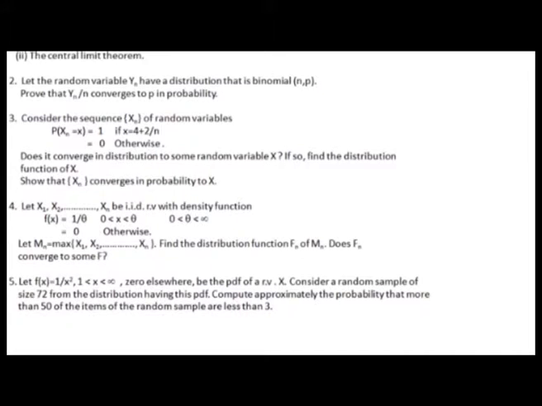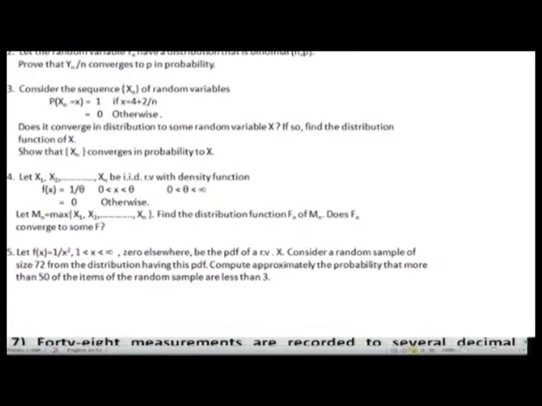Since M_n is the max of X_1, X_2, ..., X_n, this reduces to the probability that X_1 is less than or equal to t, X_2 is less than or equal to t, and X_n is less than or equal to t. Since they are independent, this reduces to the probability X_1 less than or equal to t, raised to n. So, you can do it in the regular way, and then see if you can get a feeling for the convergence of F_n. That is all. We will not talk in detail about it, because this becomes a little complex.